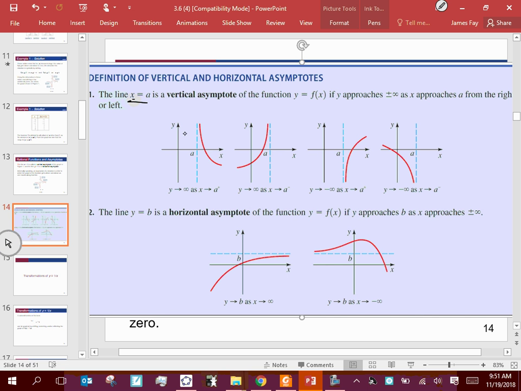So what it means is this here is an asymptote as long as my graph starts to approach infinity from either side of it. Does that make sense? Okay. Now, how does that differ from what we've talked about already with this polynomial?